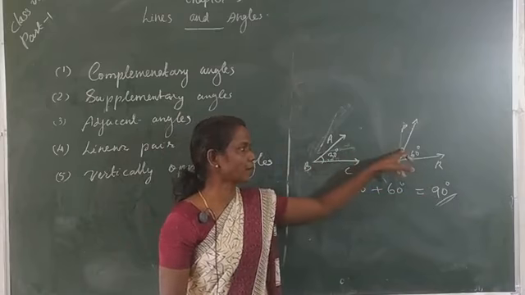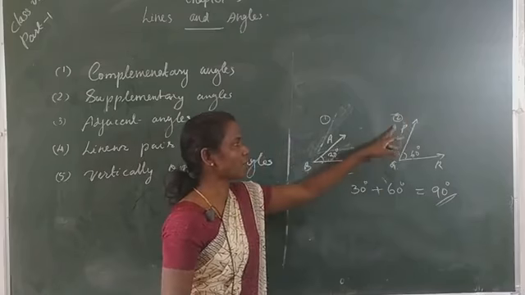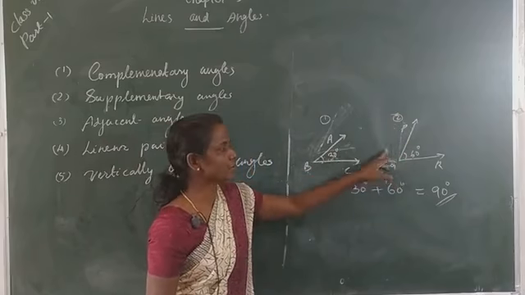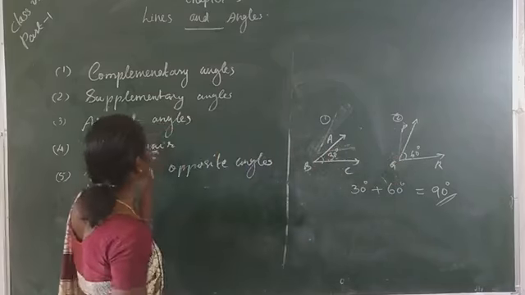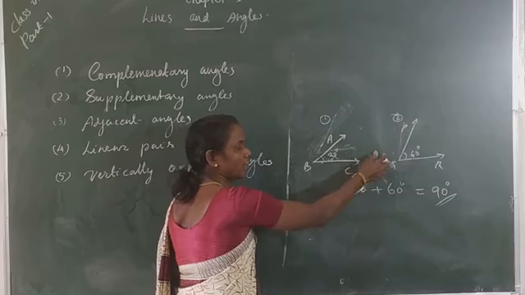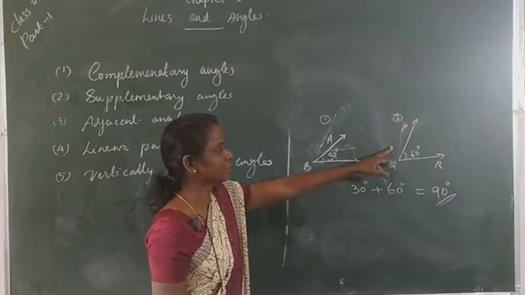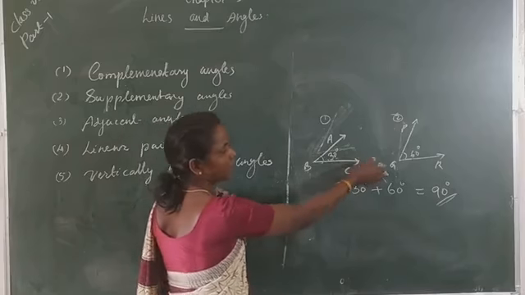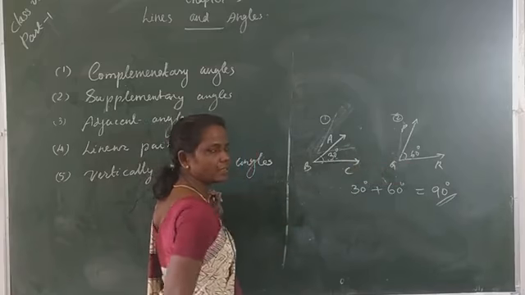When the sum of two angles is 90 degrees, these two angles are known as complementary angles, and each angle is said to be the complement of the other.